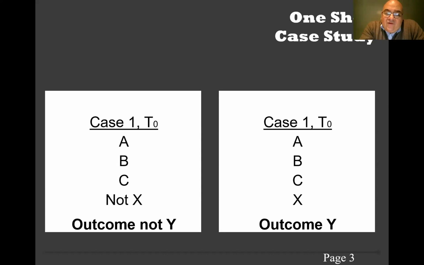They are looking at variables A, B, C, X, and they see there is no X. And then they are discussing there is no X and the outcome is no Y. And they say that the reason for this outcome, not Y, is A or B or C or not X.